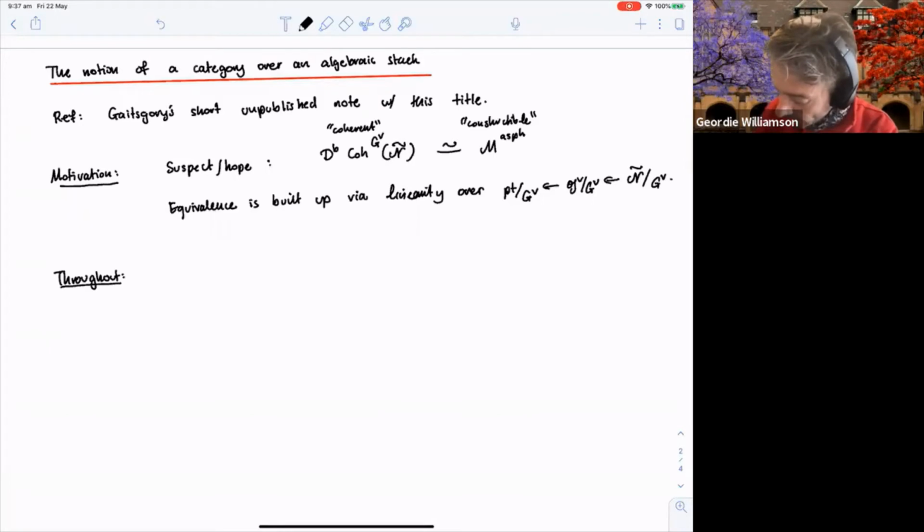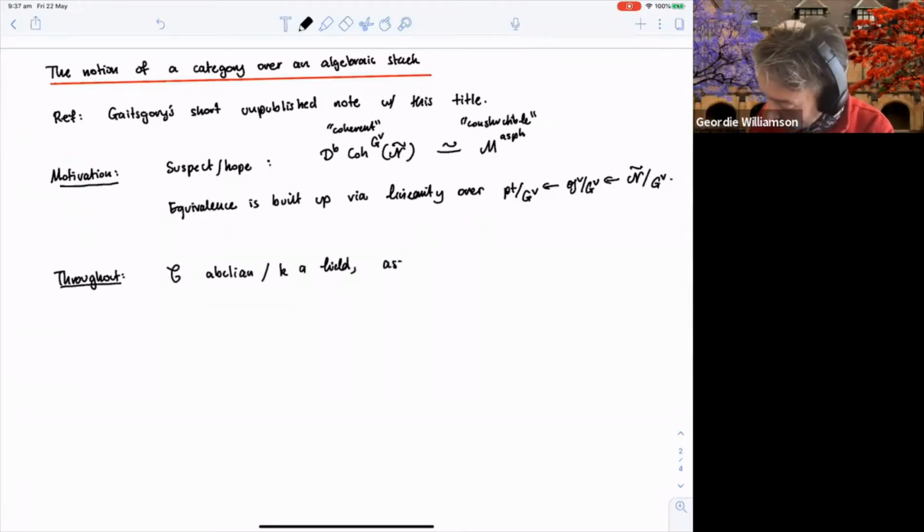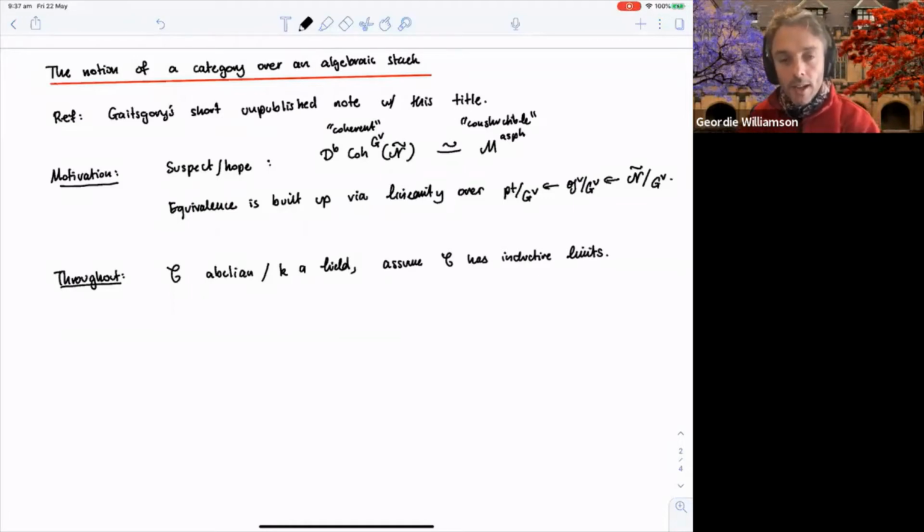So we assume that C is abelian over a field K, and that C has inductive limits. Finite dimensional vector spaces would not be okay. Vector spaces would be okay. Coherent sheaves would not be okay. Quasi-coherent sheaves would be okay.